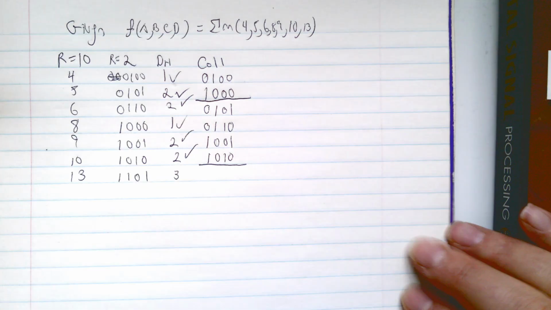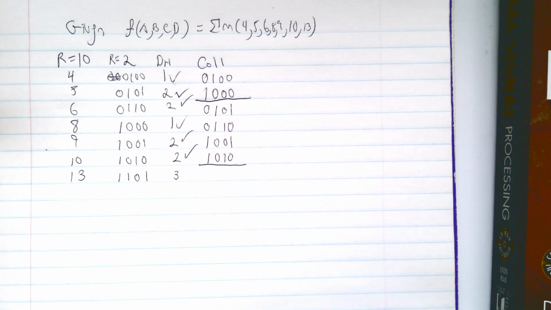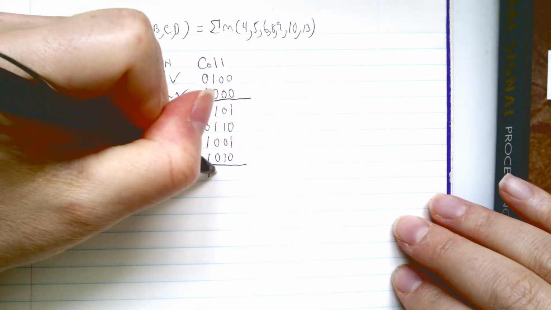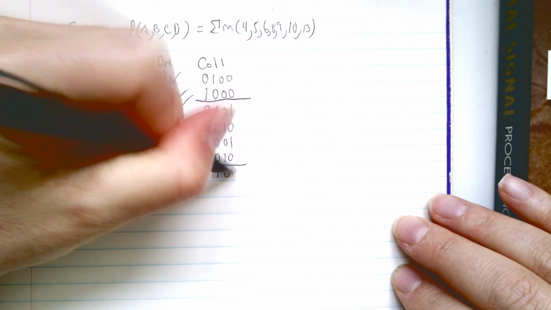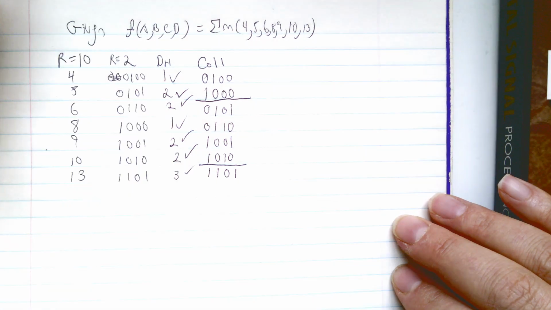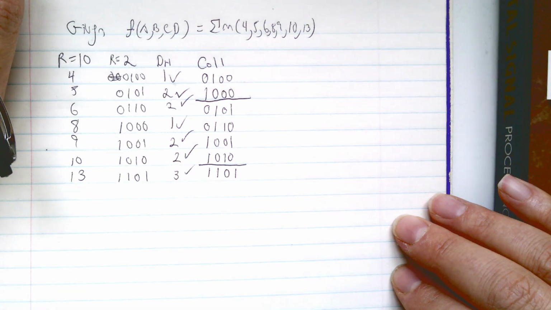The next group in column 1 will be those elements with 3 bits. And I check things off as I go so I don't miss anything.